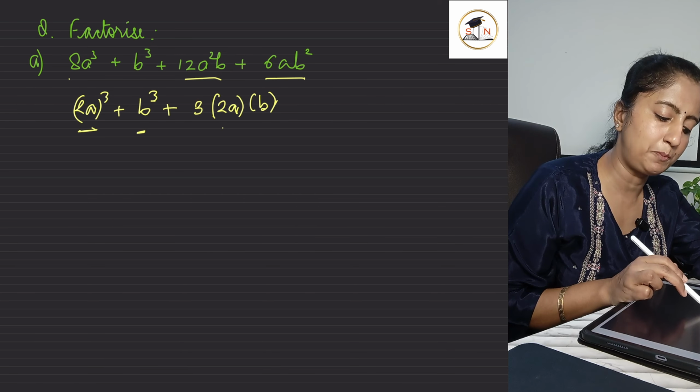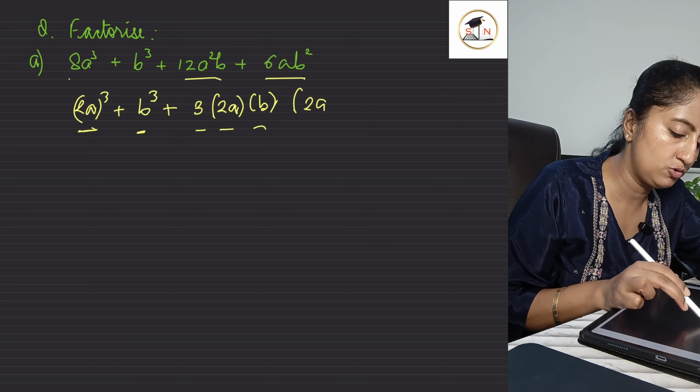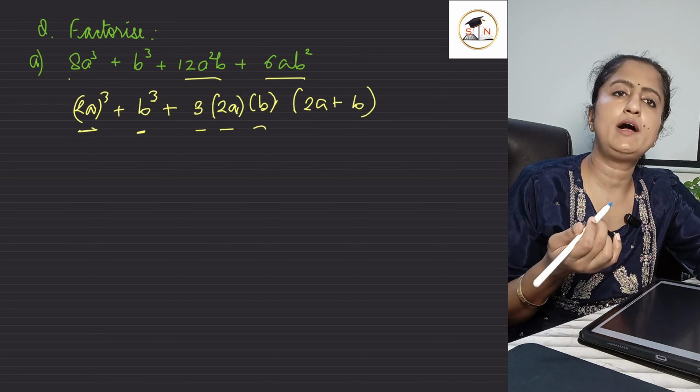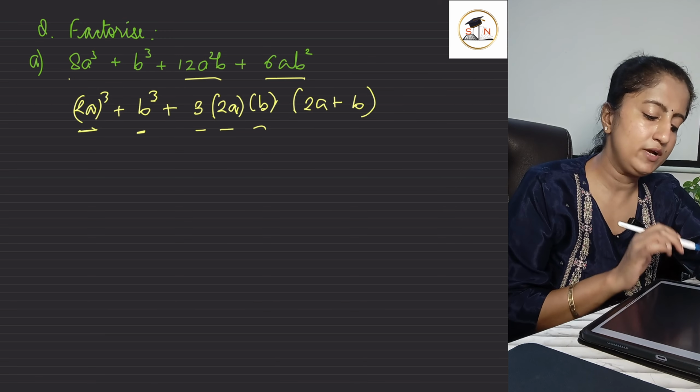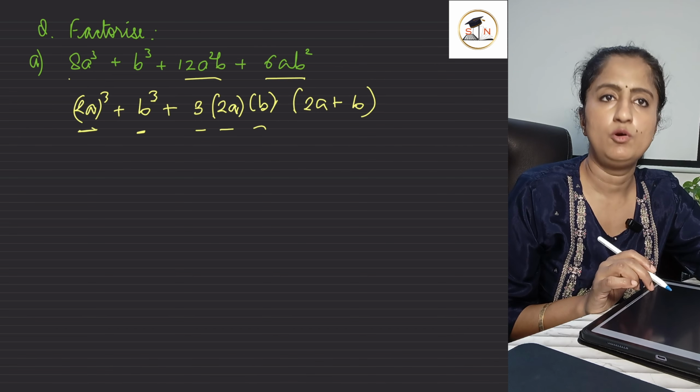So I just split that according to it, 3xy, right? And in bracket also you will be writing x plus y. That means 2a plus b. So this is how you actually save on your step, and now it clearly denotes your expansion for the identity of (a plus b) whole cube.